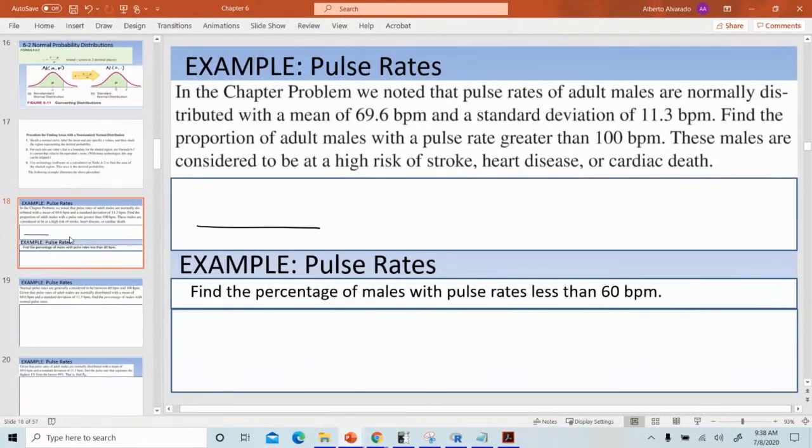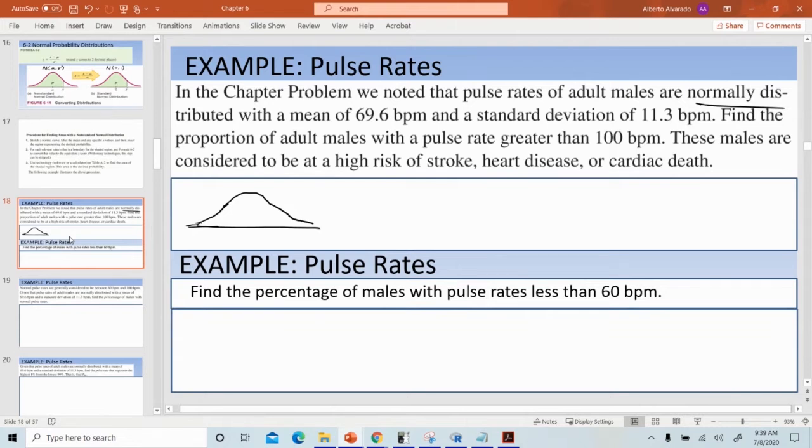It tells me it's normally distributed, right? So I'm just gonna draw a normal curve. And you have to pay attention to that, because if a question says uniformly distributed, obviously you're going to approach this a lot differently because uniform is a rectangle, like we talked about at the beginning of this chapter.